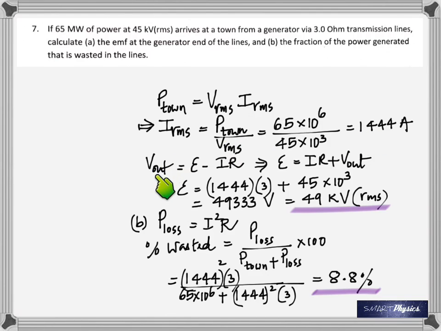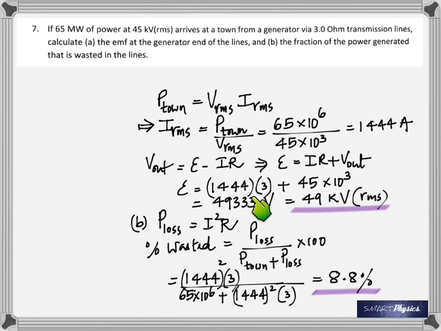And we know that the output voltage is the input minus whatever is lost. Now, remember that this is what is lost there. That is the voltage drop by Ohm's law. When you multiply the current with the resistance, you get the voltage lost or the voltage dropped.